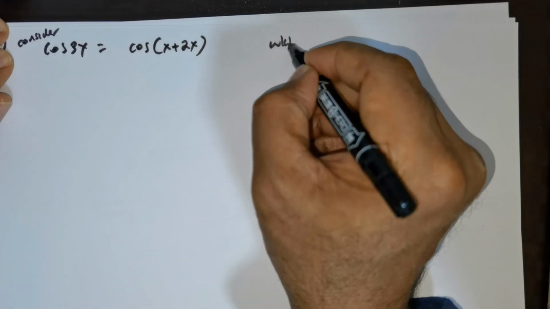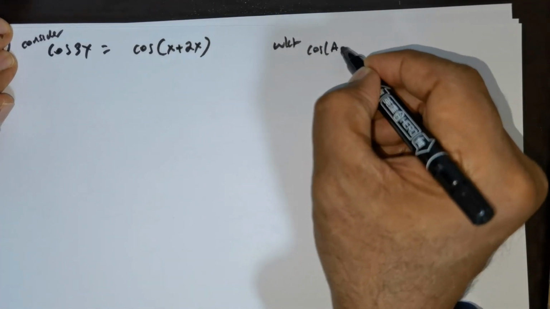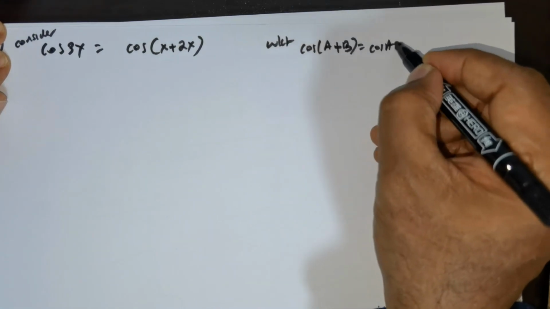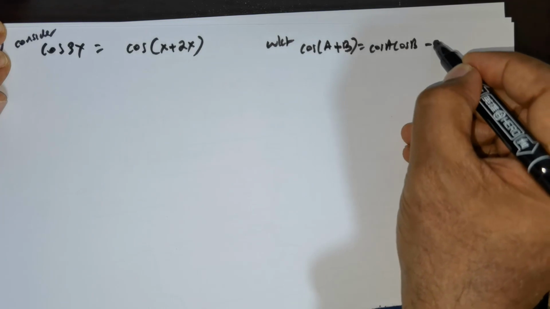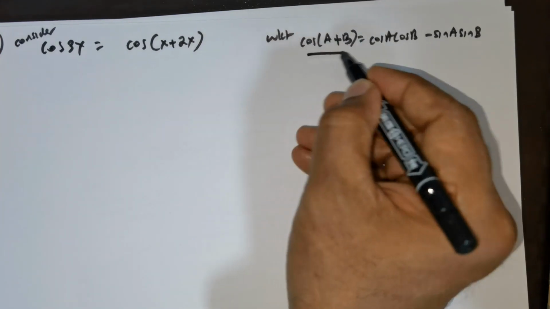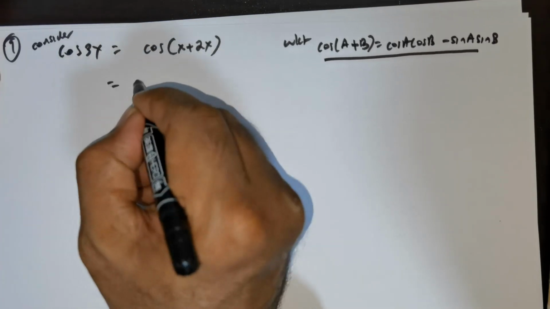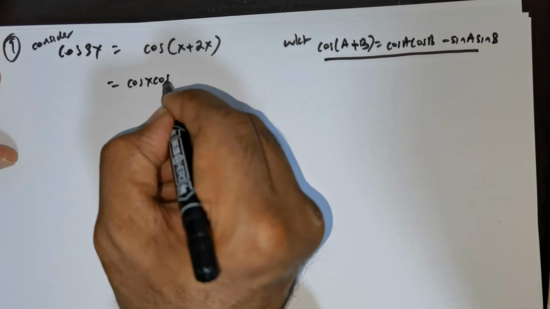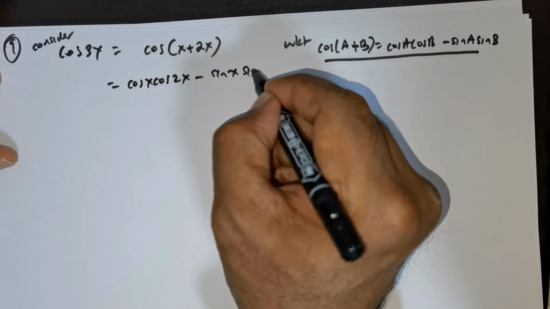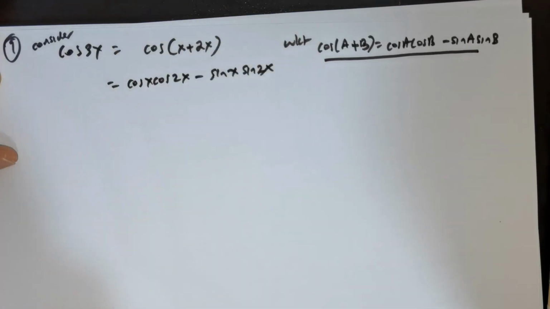Now we know that cos of a plus b is cos a cos b minus sine a sine b. So by this formula, this is equal to cos x cos 2x minus sine x times sine 2x.